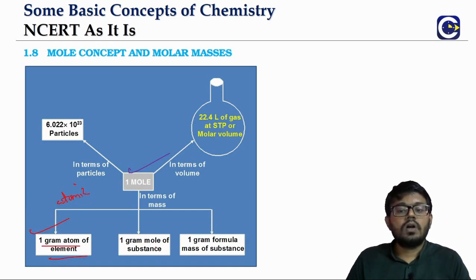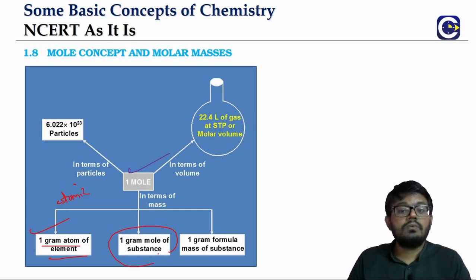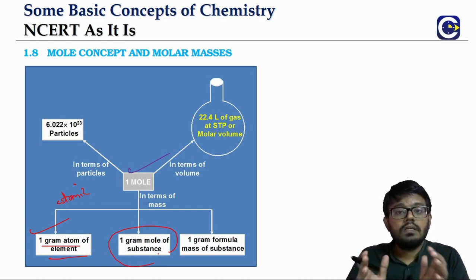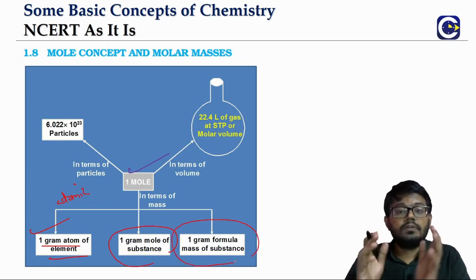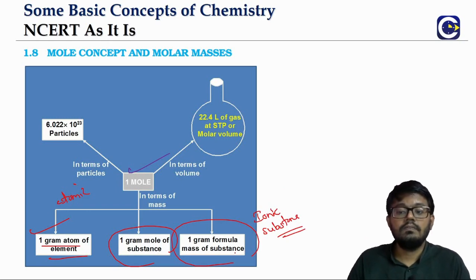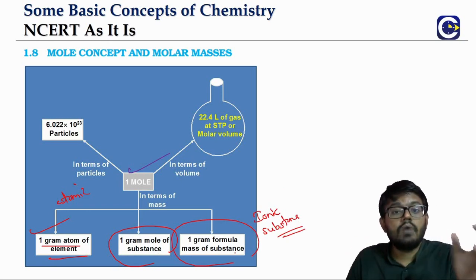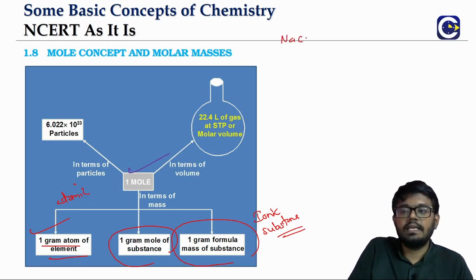And if you are talking about the molecular substances, the mass will be equal to 1 gram molecular mass, which is also called molar mass. If you are talking about ionic substances, we will be generally calling it 1 gram formula mass. Like, you know, for NaCl, 1 gram formula mass will be 58.5 grams.